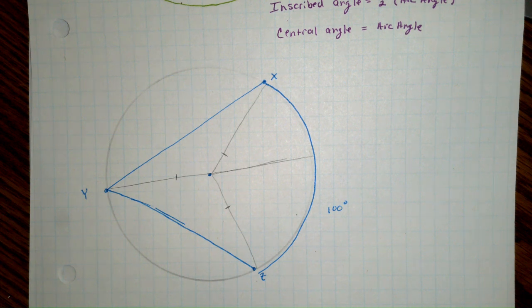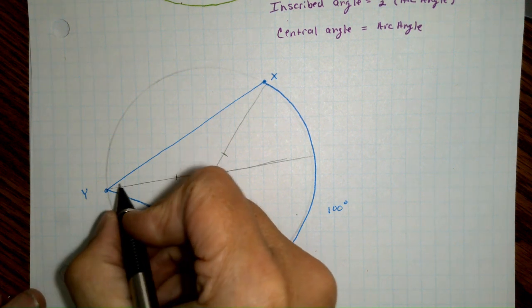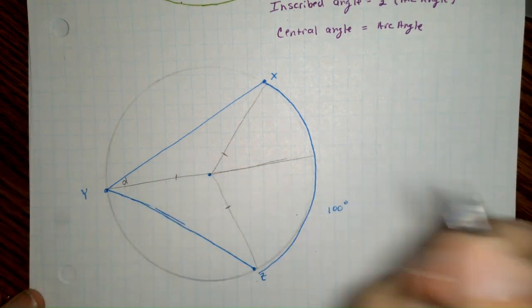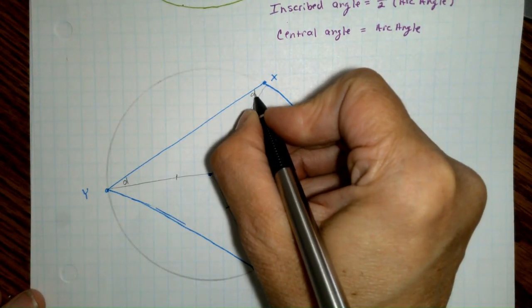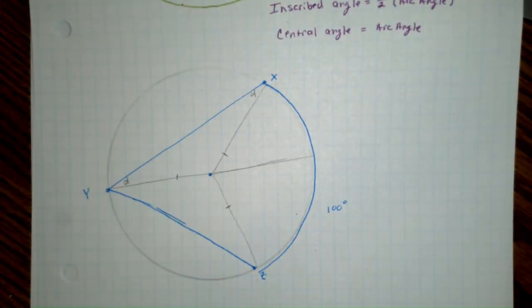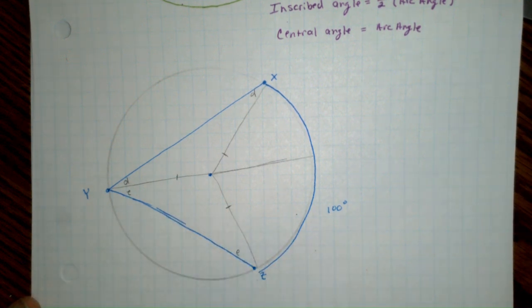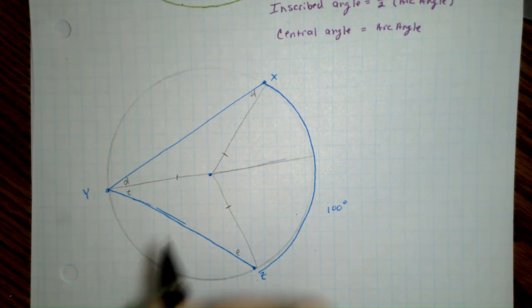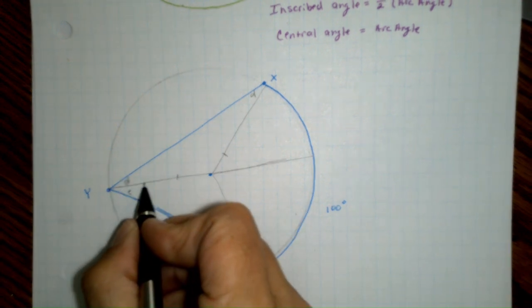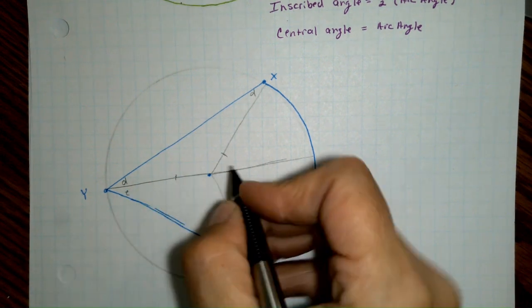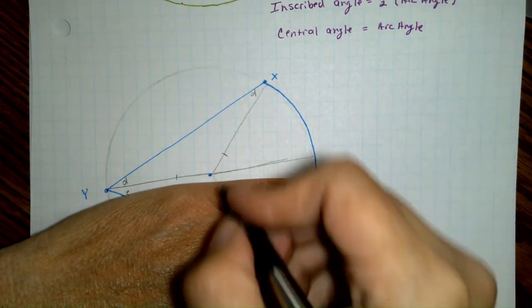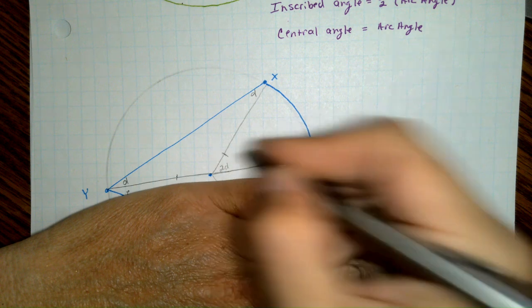Okay, so now I'm going to do some trick labeling kind of thing. I'm going to call this D. So this would have to be D because it's an isosceles triangle. I'm going to call this E and this E, right? Now from what we just talked about in our first one, if this is D, if we treat that as one angle, this is 2D.